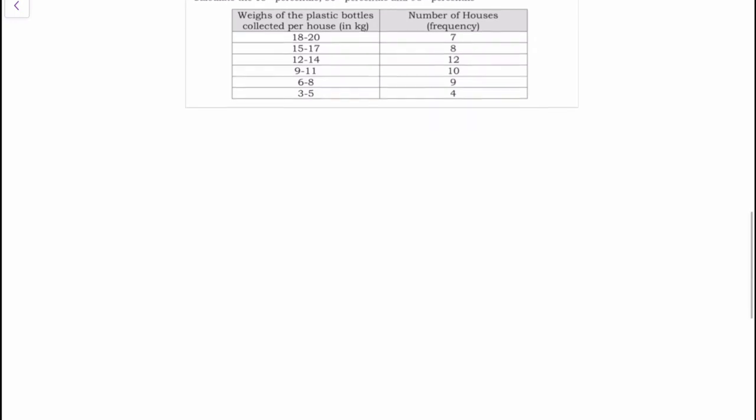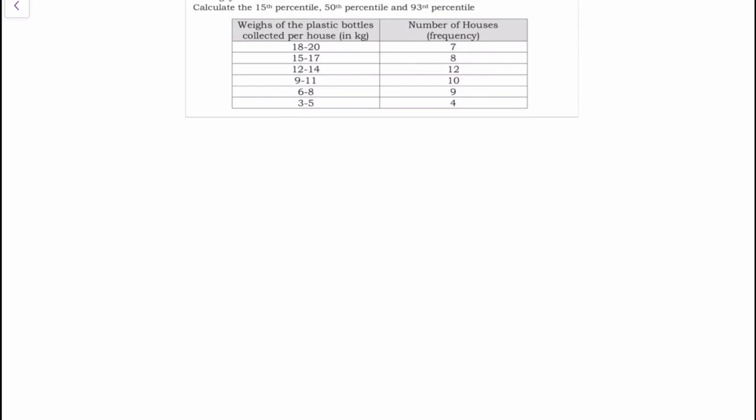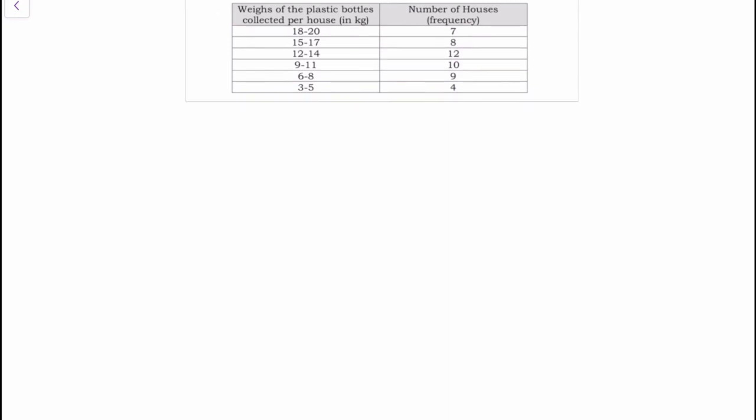So let us rewrite the table containing those values that we need. I will rewrite the weights of the plastic bottles collected per house in kilograms into class interval, and the number of houses, the frequency, I will just denote as letter F.